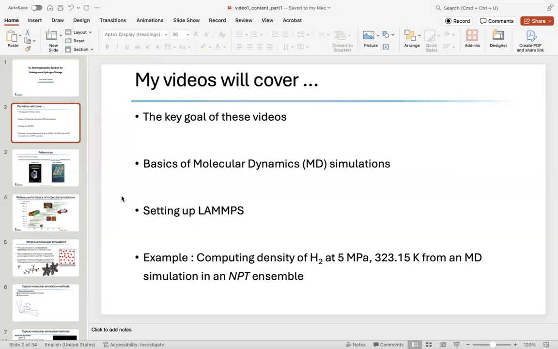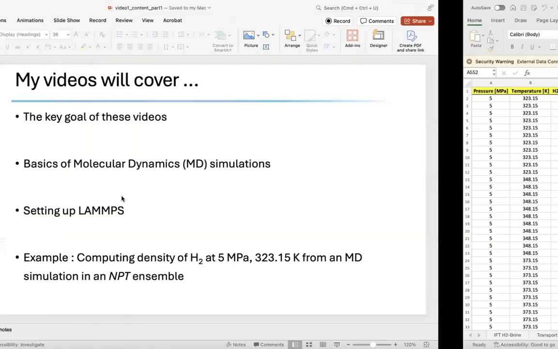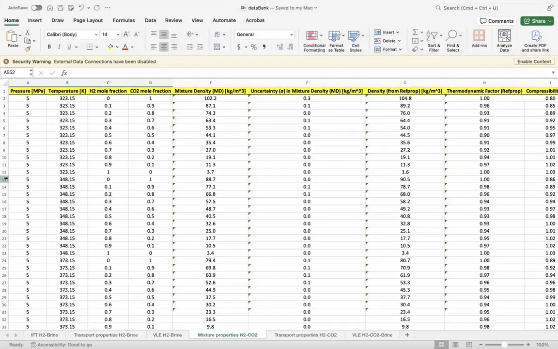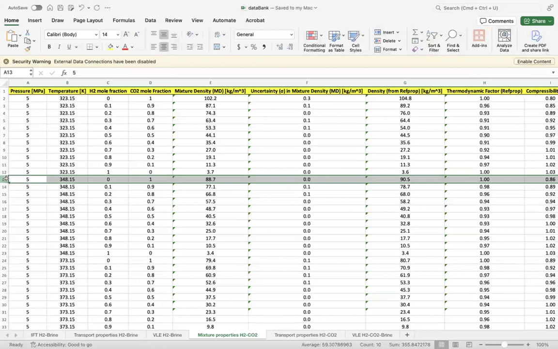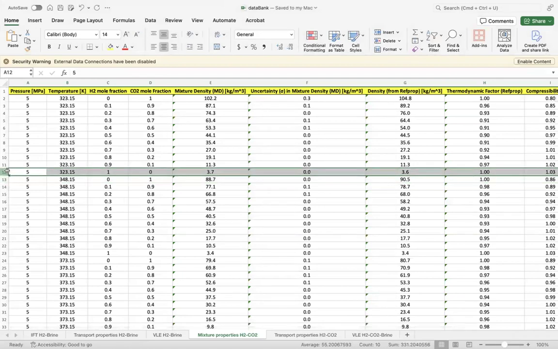At the end of this lecture, what I want to do is to show you one hands-on example of how to calculate the density of hydrogen at 5 megapascals and 323.15 Kelvin.